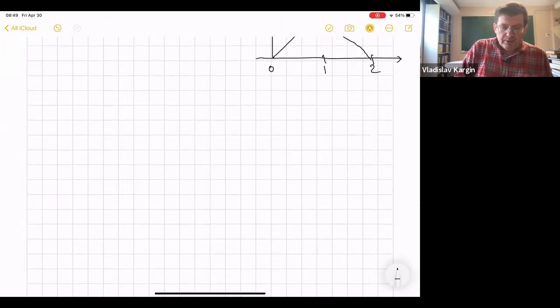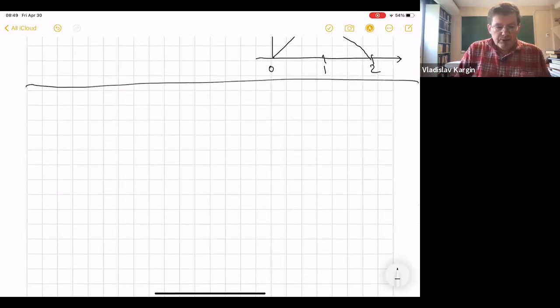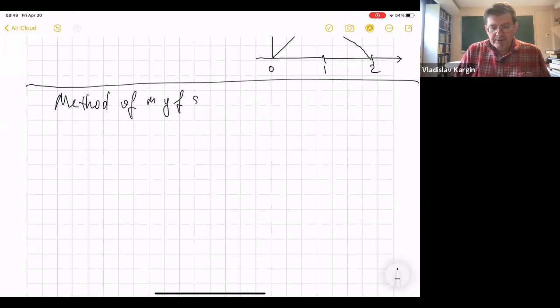So now, the method of MGF, moment generating functions.